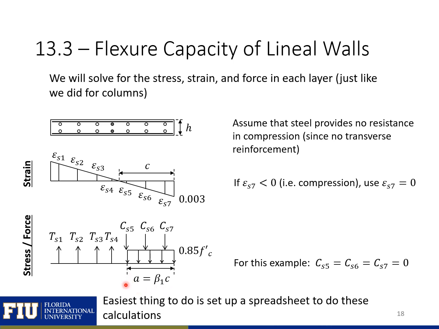So we have a compression block depth of a equal to beta 1 c, where c is our neutral axis, and we can solve for our neutral axis based on equilibrium. And the height of the compression block is just 0.85 f'c, so the same as beams and the same as columns. The easiest thing to do here is to set up a spreadsheet because you have so many layers of steel. On the next couple slides, I'm going to go through a spreadsheet that I set up for this.